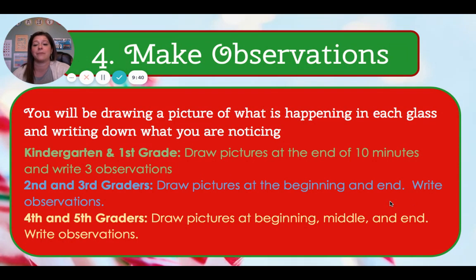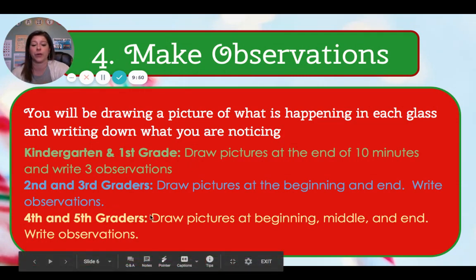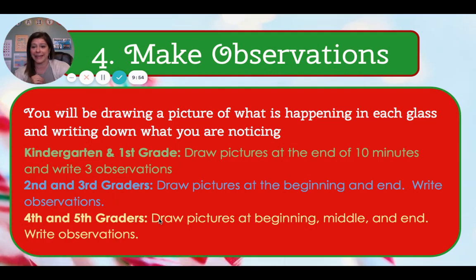Now we're going to make those observations. So what that means is you're going to be drawing a picture of what is happening in each glass and writing down what you are noticing. So I'm actually going to start with my fourth and fifth graders. Fourth and fifth graders, as soon as you put those candy canes into the liquid, you are going to draw a picture of what each candy cane and cup look like.